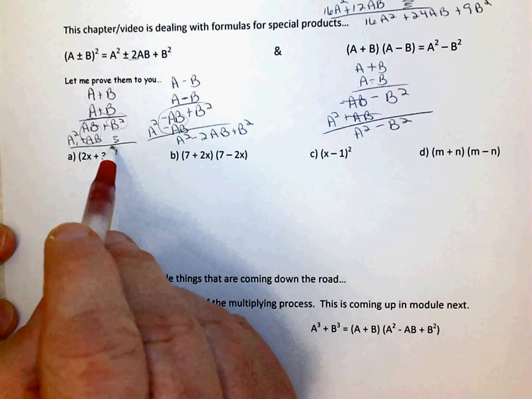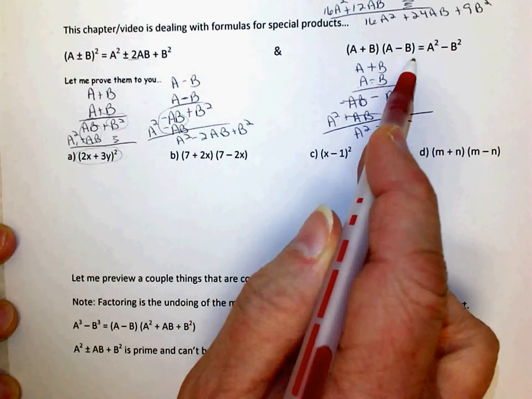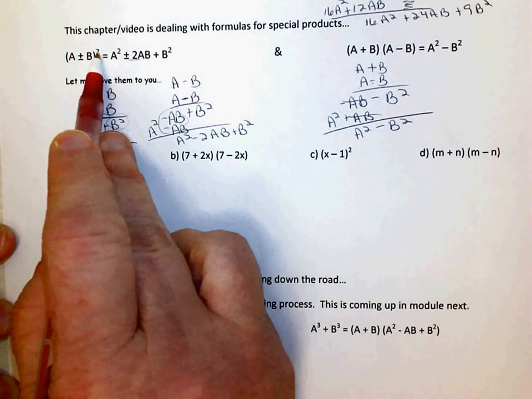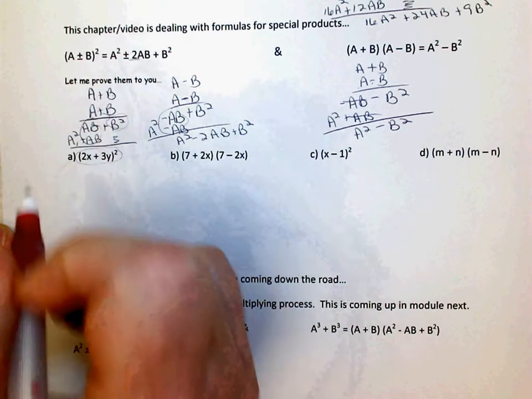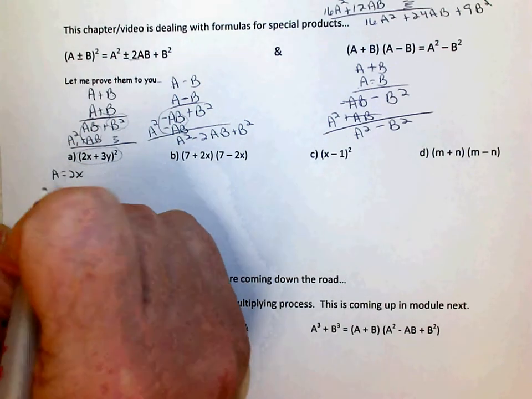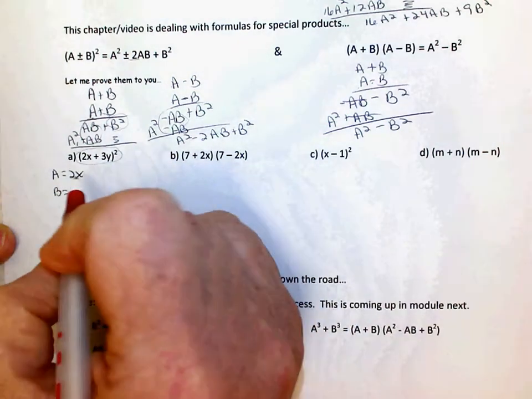Now this setup, is it this one or this one? Well, there's one piece squared. So let's use this. Our A is 2x. Our B is 3y. That's the first thing I'll do.